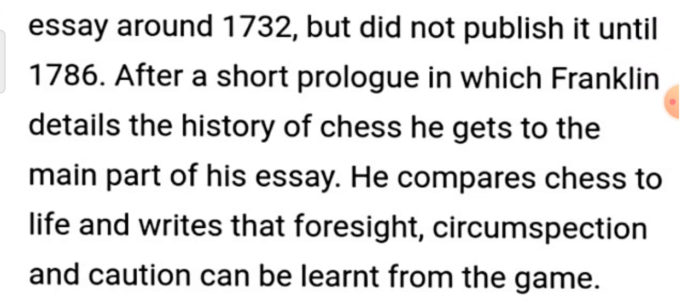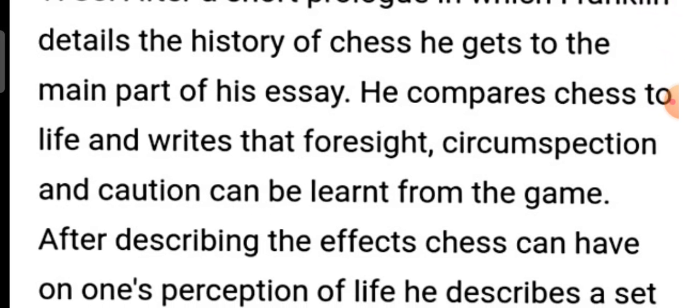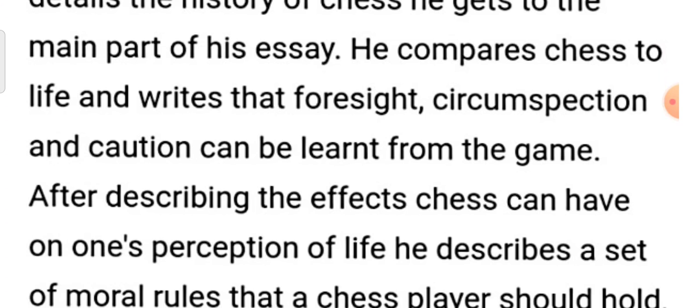He compares chess to our life and writes that foresight, circumspection, and caution can be learned from the game. These are the three main things which we learn from the game. That is foresight. The second one is circumspection, and the third one is caution.